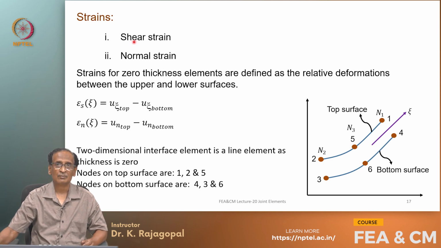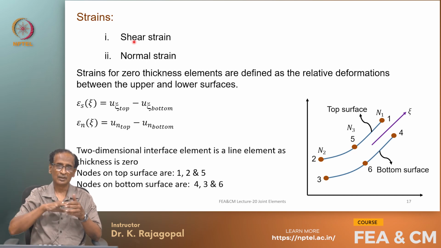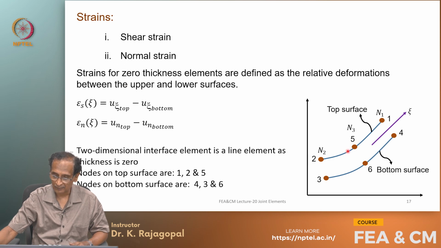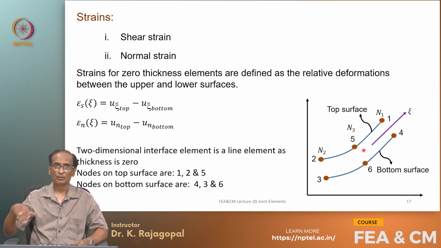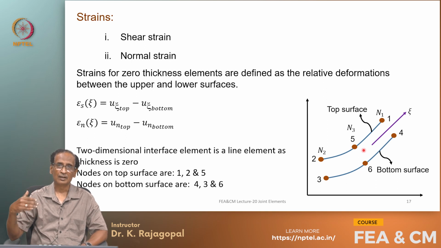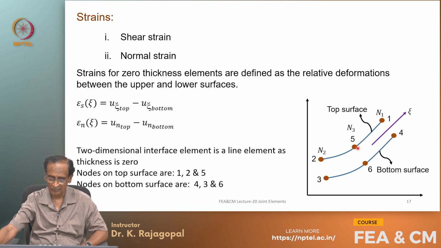And once again we define these elements in terms of two strains, shear strain and normal strain, and we have two surfaces, upper surface and bottom surface. This interface could be made up of either 4 nodes or 6 nodes. 4 nodes means you can only have a flat, planar surface, and with a larger number of nodes, like 6 or 8 and so on, we can have a curve.